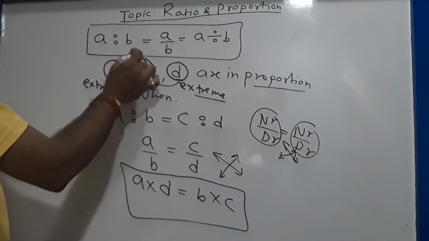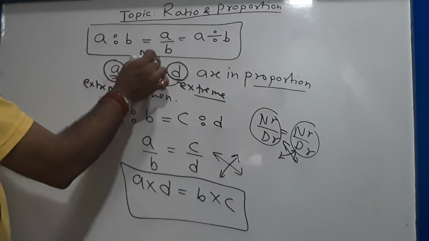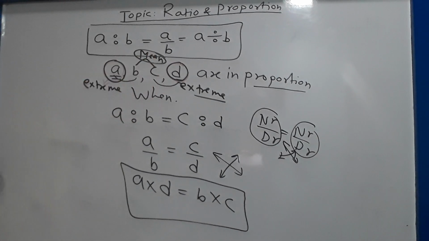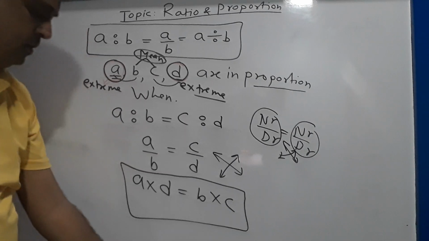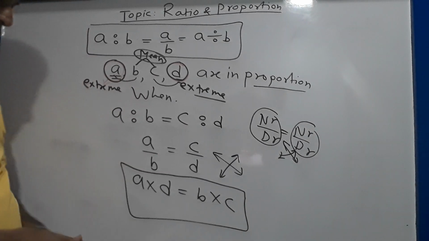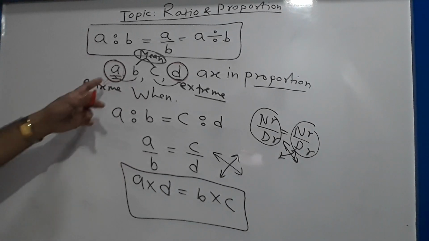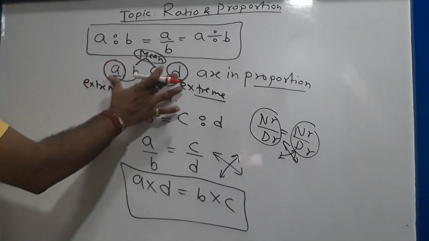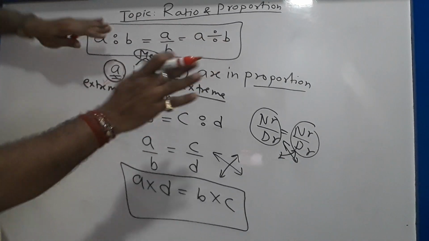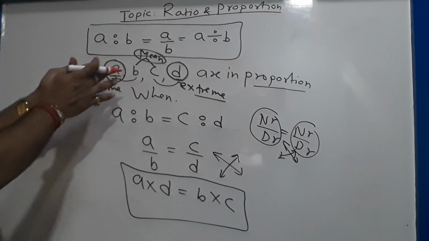And B and C are at the mean side. The position of B and C is mean side, and the position of A and D is extreme side.